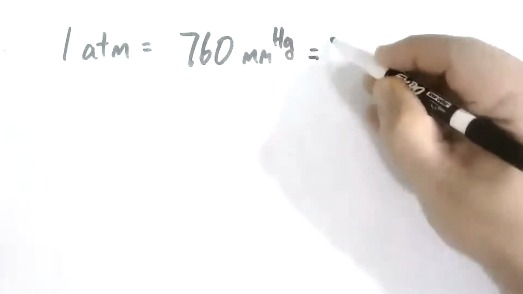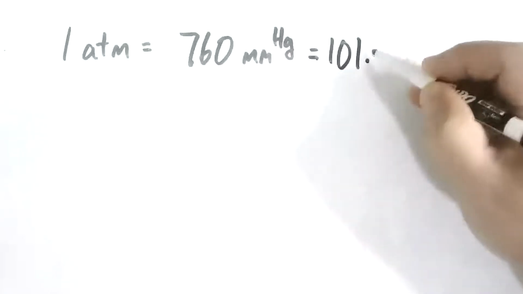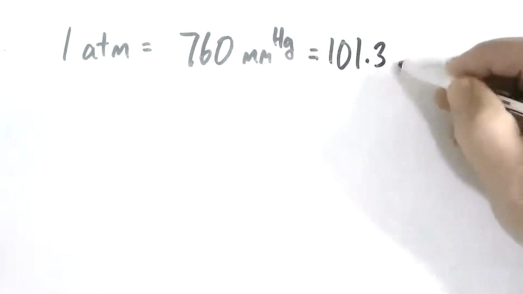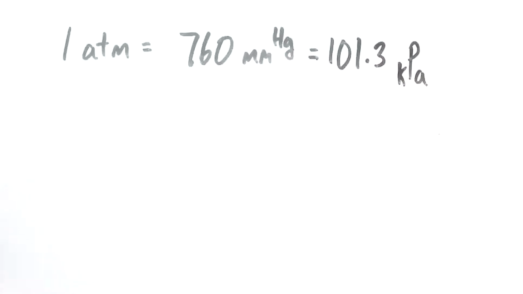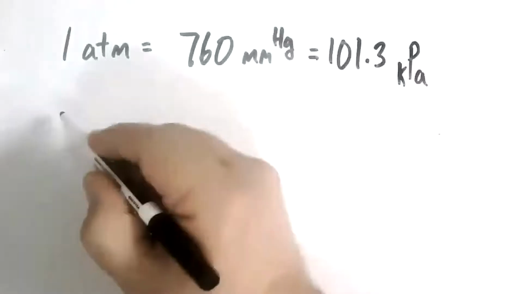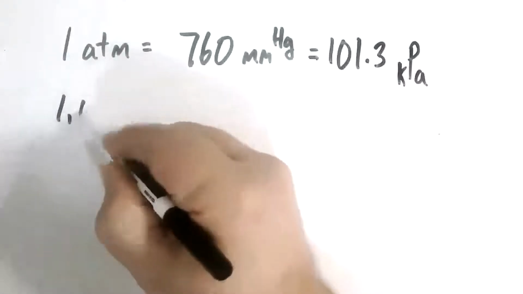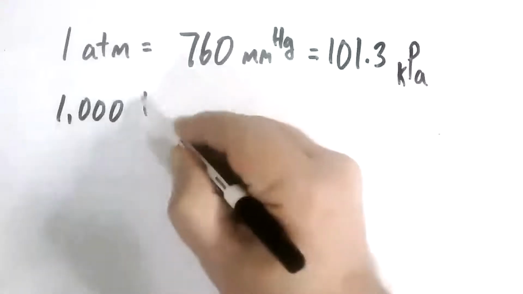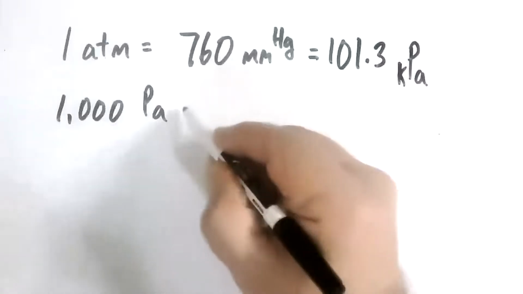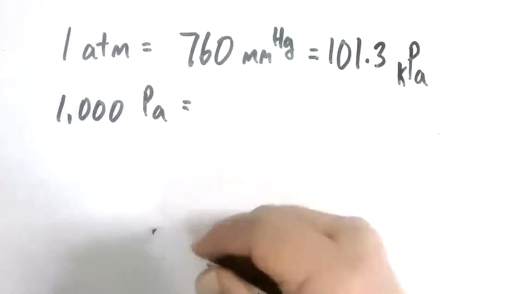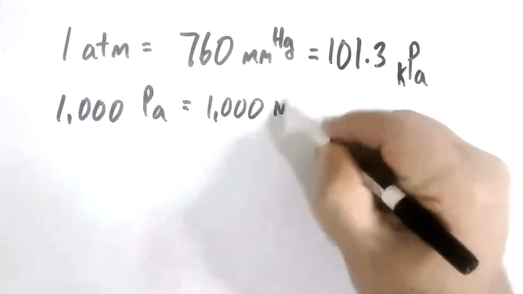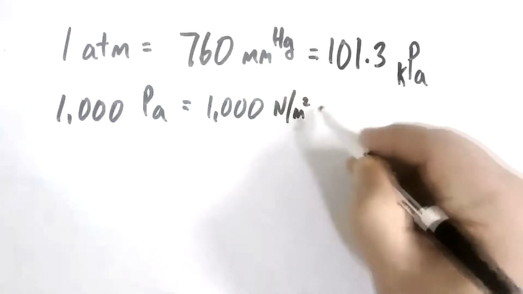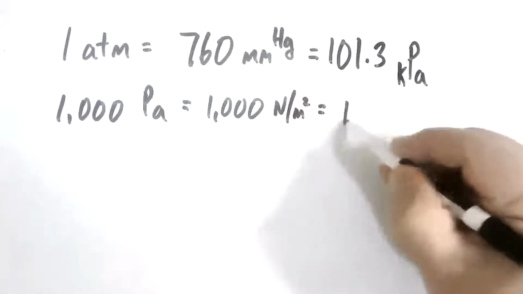In addition to that, we have the modern metric unit, which is the kilopascal, symbol little k and capital P little a, 101.3 kilopascals. Now, in addition to these equivalencies, we want to point out to you that 1,000 pascals, which is the same as 1,000 newtons per square meter, equals 1 kilopascal.